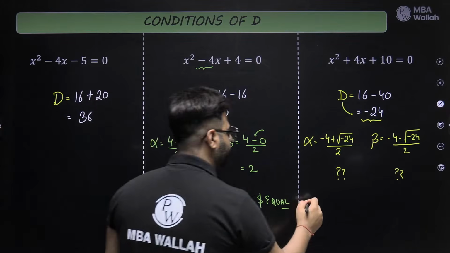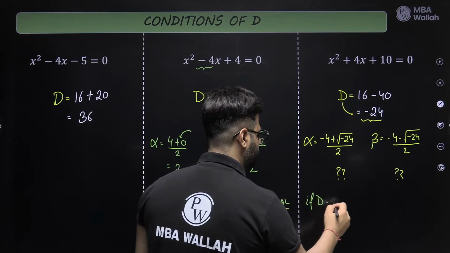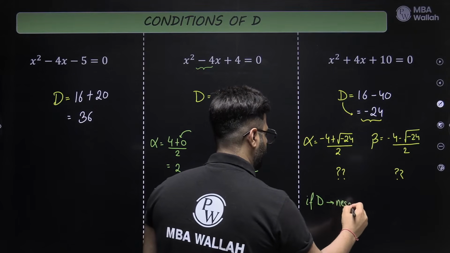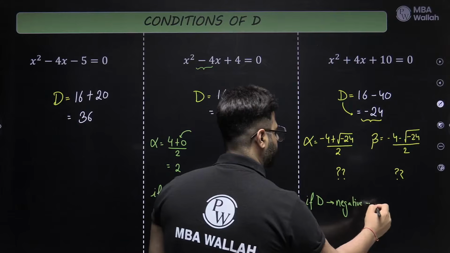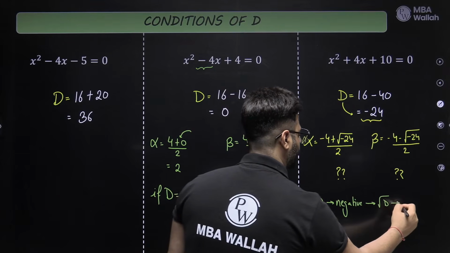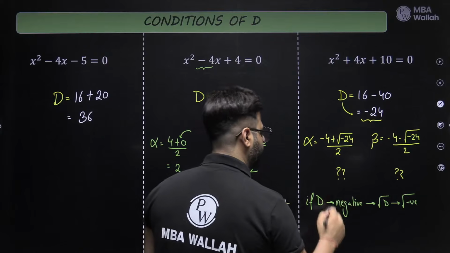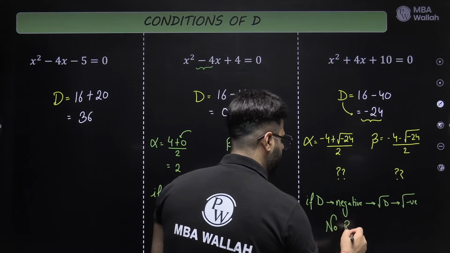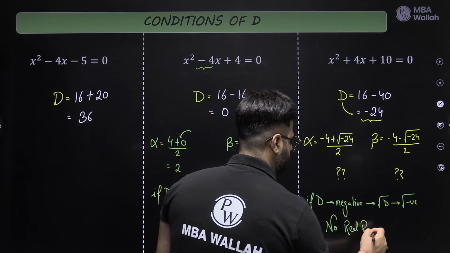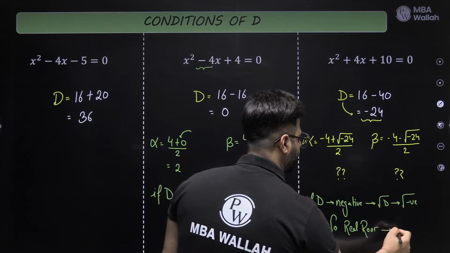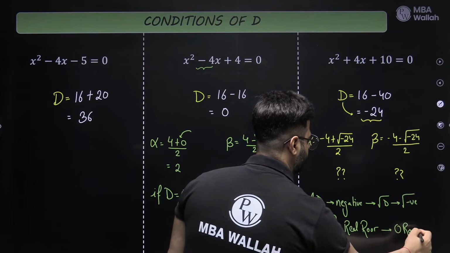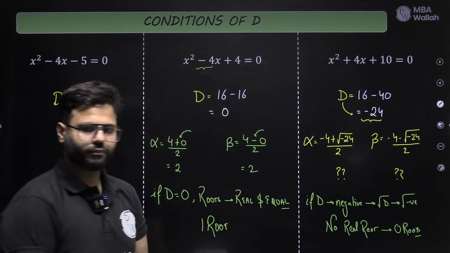That if d turns out to be negative, then root d will become root of negative. That means the thing will become undefined. So can we say no real root? Or in CAT, can we say zero roots, because CAT only deals with real numbers?